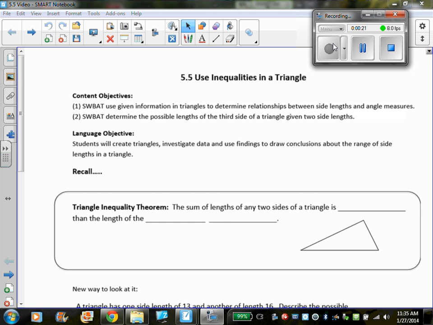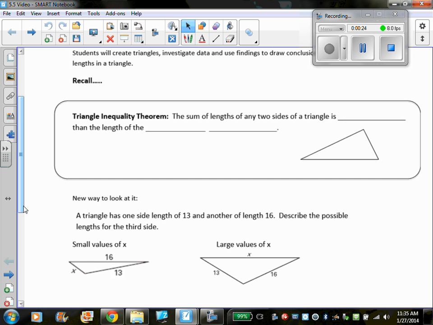Okay, so starting out, one thing that we need to remember is the triangle inequality theorem, which you have learned about before, which says that the sum of lengths of any two sides of a triangle is greater than the length of the remaining side.